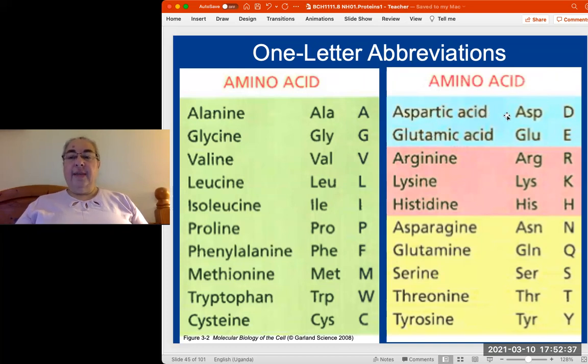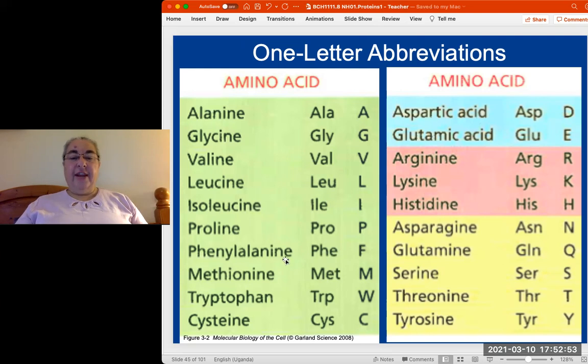I make it a bit easier to remember by trying to think "daspartic" rather than aspartic. That just helps me to remember the D a little bit. You can do similar things for some of the others.